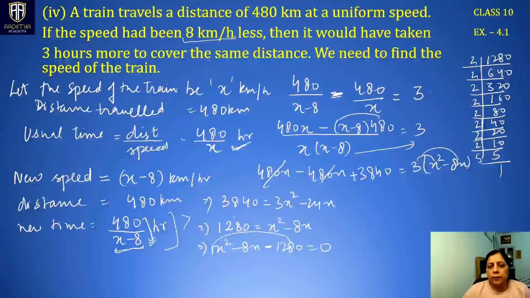This is the prime factorization. You have to look for the numbers which when multiplied give us a product of negative 1280, and the sum of those two numbers is negative 8. See, the product is negative, so one factor is negative and the other one is positive. And here, since the sum is negative, the bigger one has to be negative.